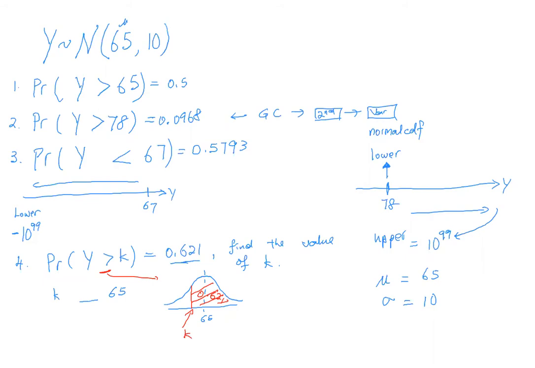Do y'all get the analogy of it? Okay, so now you know the K should be less than 65. Always remember the probability represents the area bounded by the curve.